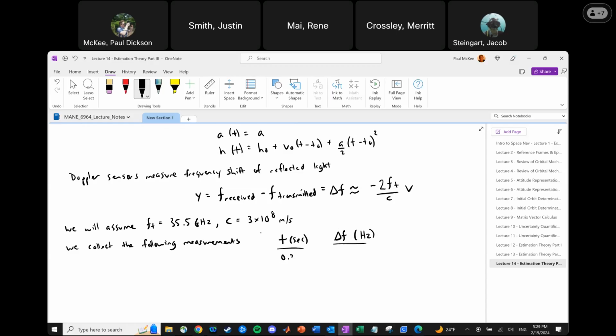So at 0.2 seconds, we measure 584.3 hertz delta F. At 0.5 seconds, I'm really trying to clear up my handwriting for y'all, so this is 1275.4 hertz. At 0.7 seconds, we have 1750.4 hertz. And at 1.0 seconds, we have 2431.5 hertz. So there's our data table.